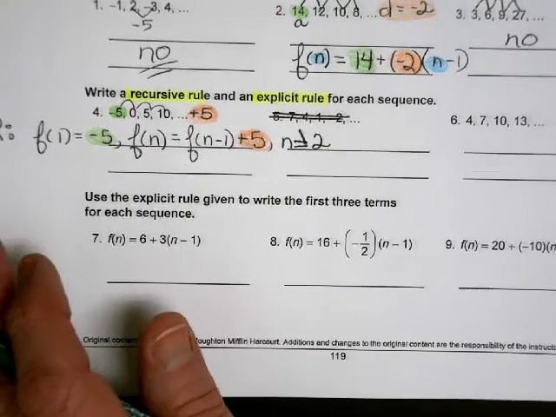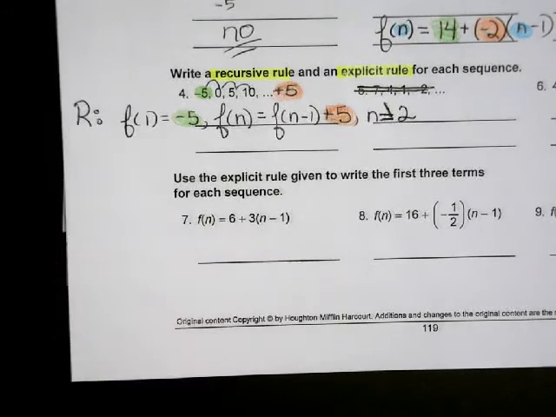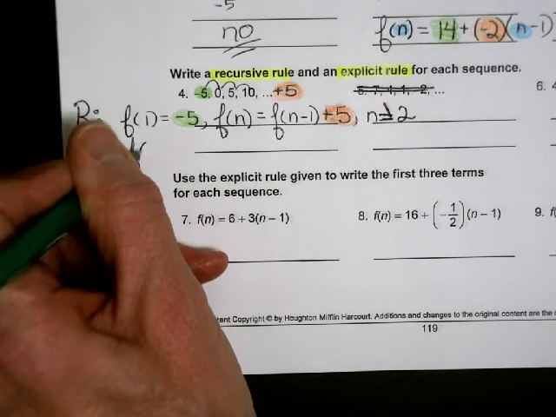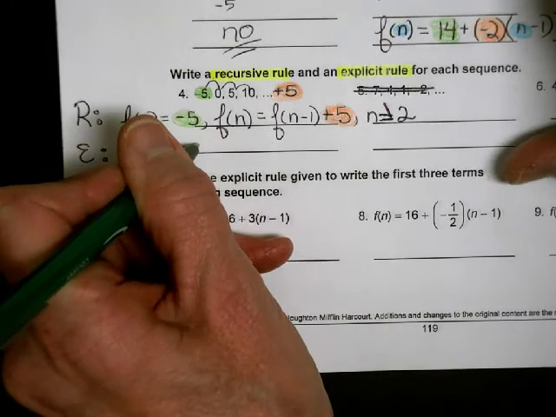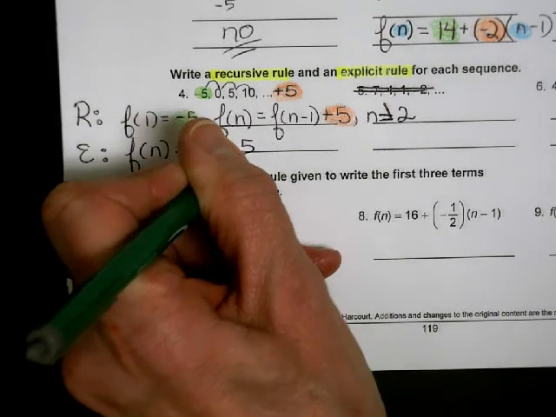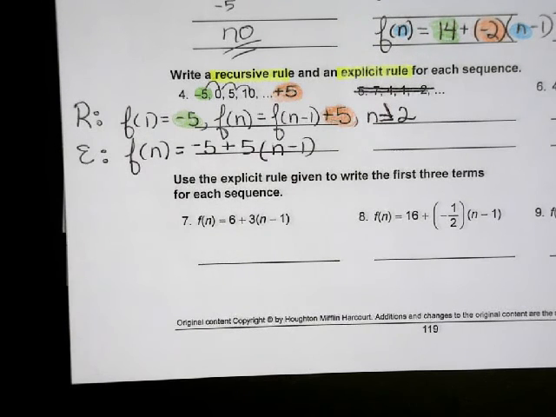And then that's a problem with the recursive rule. You got to know the term before it to use it. That's another reason I like explicit, because it's in general. Start with A, and then I add my common difference times the term number before it.